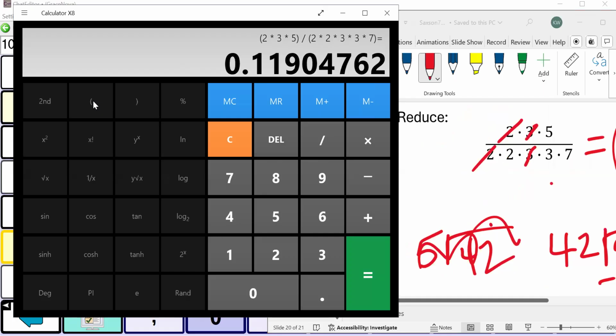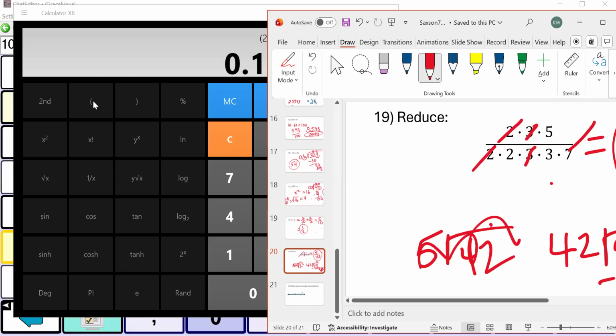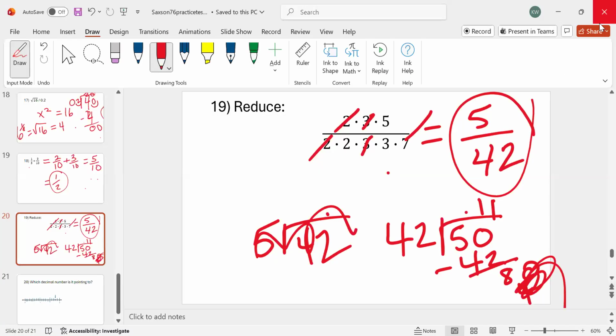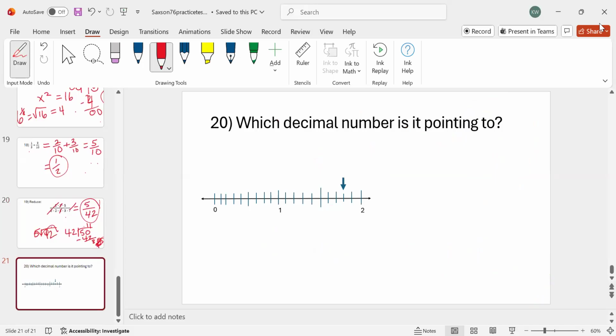Same number as that fraction, means the same thing as 5/42.